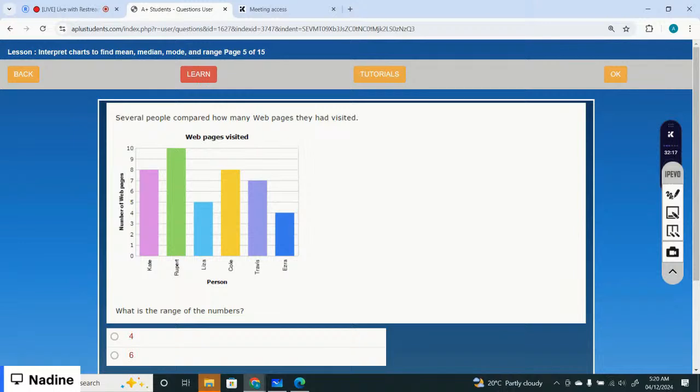The range is 6. The correct option is 6.